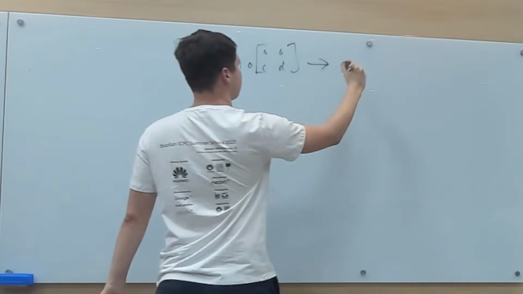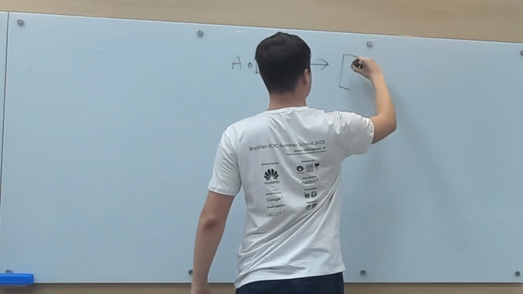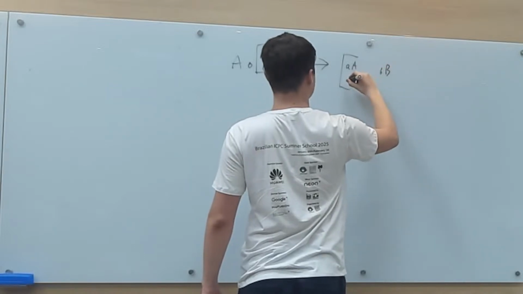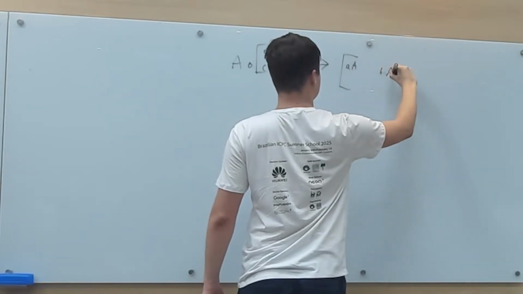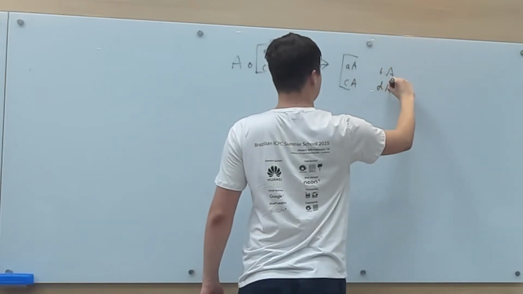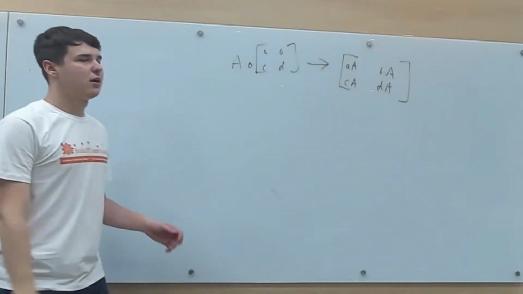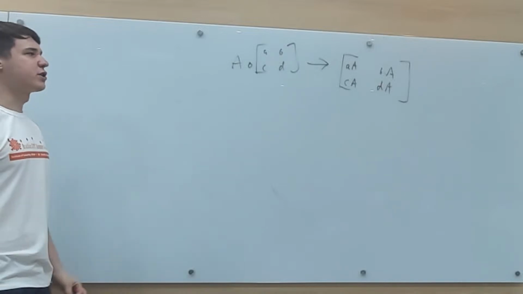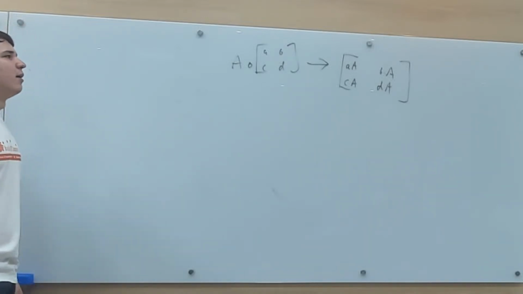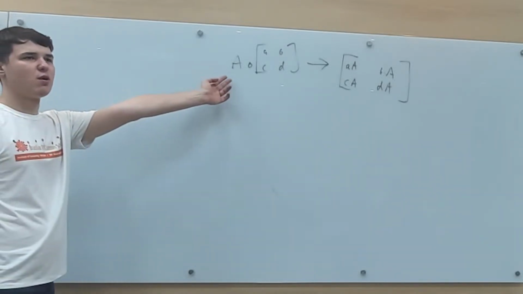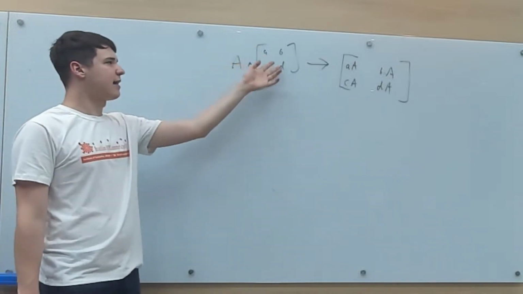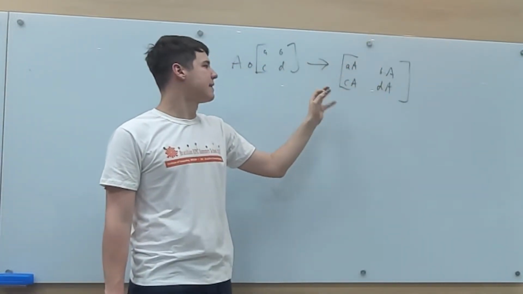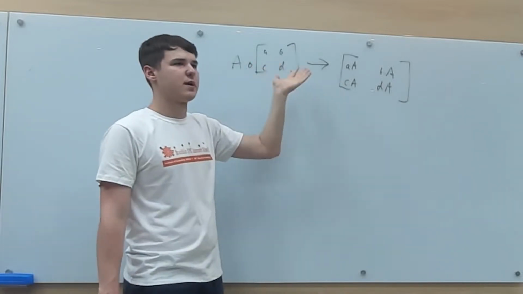Then what it gives us is some matrix, those are numbers. And so what it does, it multiplies the dimensions of A by 2 and pastes A 4 times with some coefficients from this matrix, right?